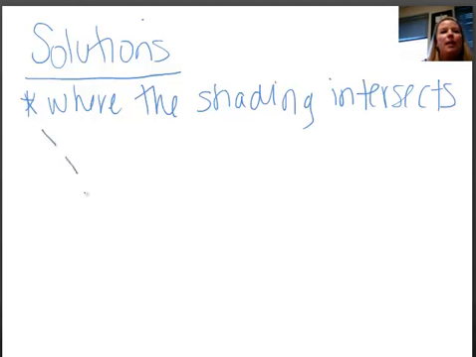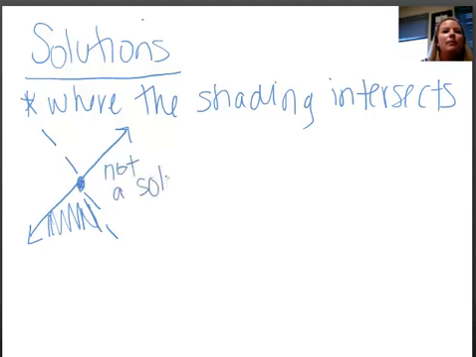So if I have a dotted line and a solid line, and say my shading was here, this point right here is not a solution because it's not included on this dotted line. So when it's a dotted line, none of the points on the line count as a solution, but instead everything below or above it.